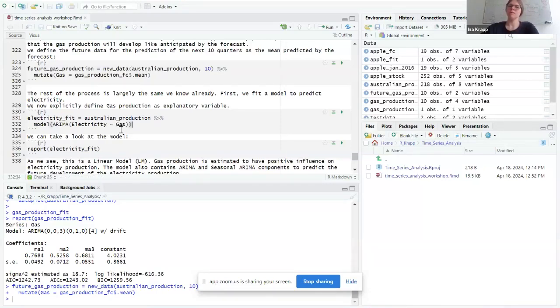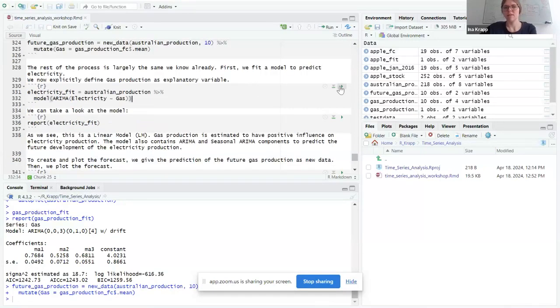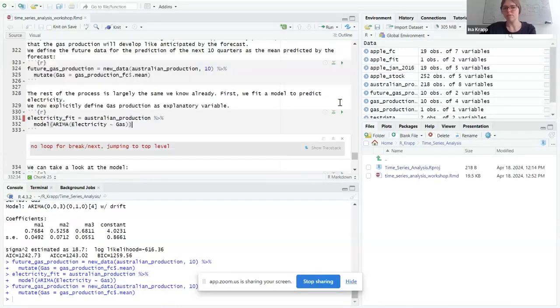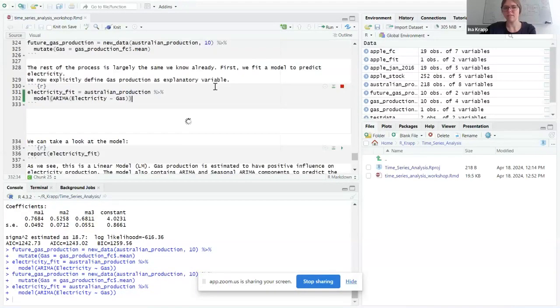And now this will be a model which analyzes the relationships between present and past electricity and gas production. We did not include future production yet.